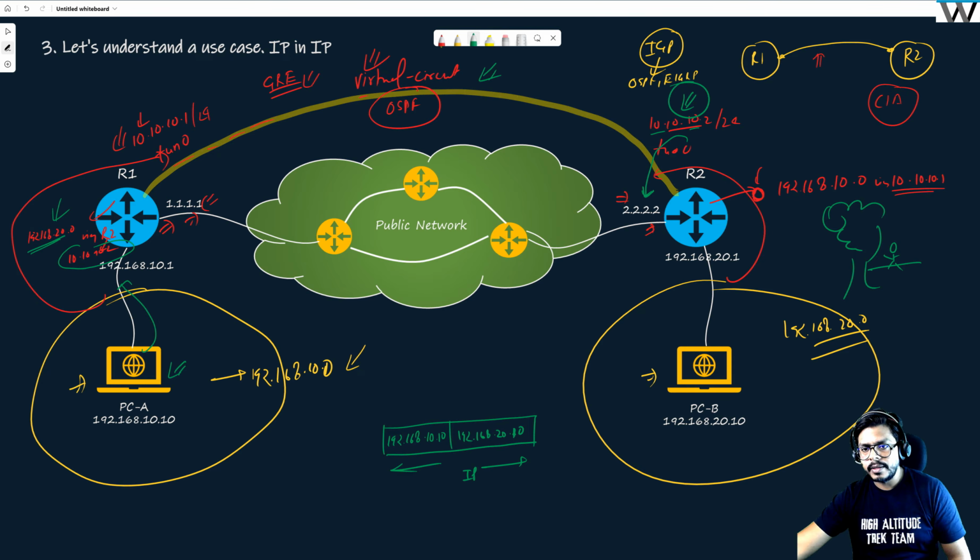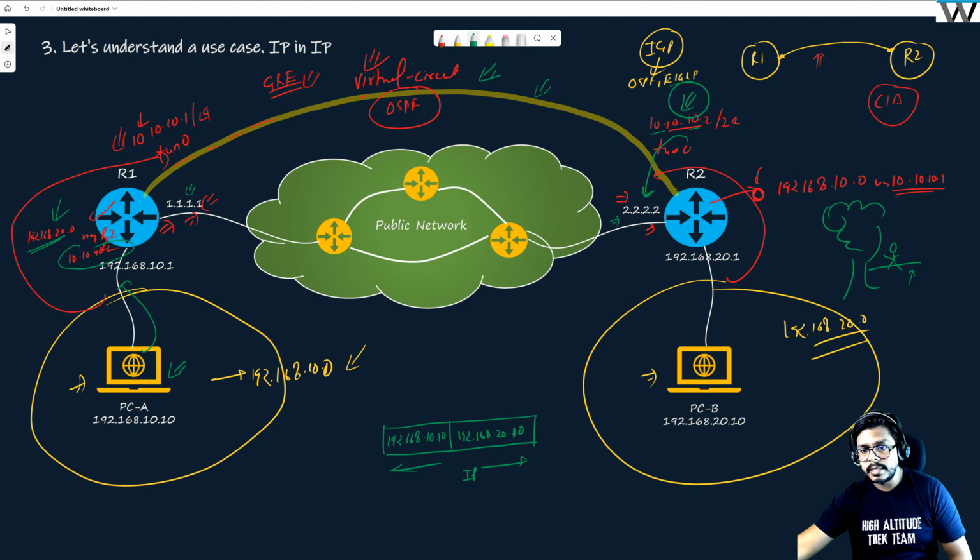If this branch is not there, nothing is there. It means that we were able to make this virtual circuit because there is an underlying network, which is the connectivity between 1.1.1.1 and 2.2.2.2.